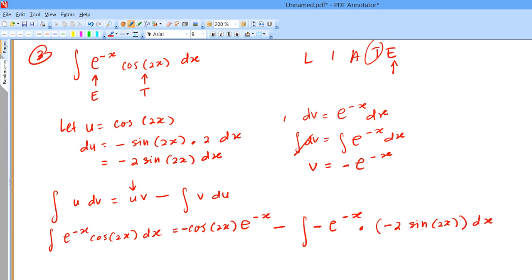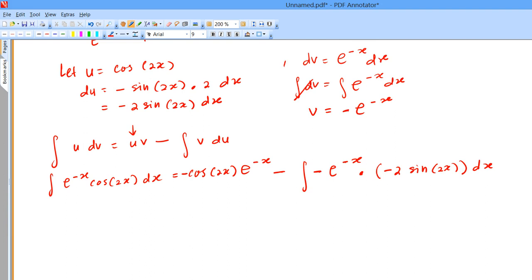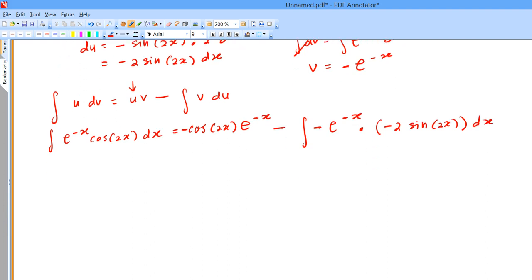So now we can simplify the right hand side. Equal to negative cos 2x e to the power of negative x, and then we have negative, and the integration of negative times negative, so we get positive.